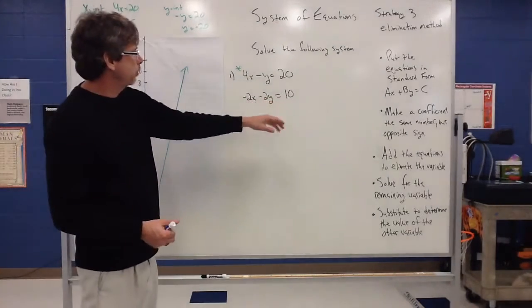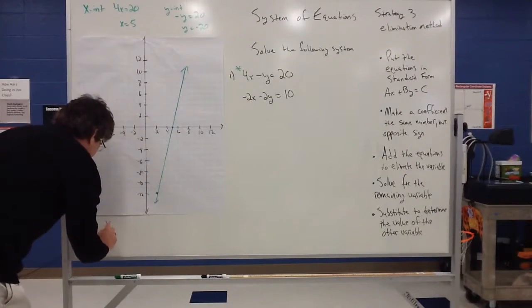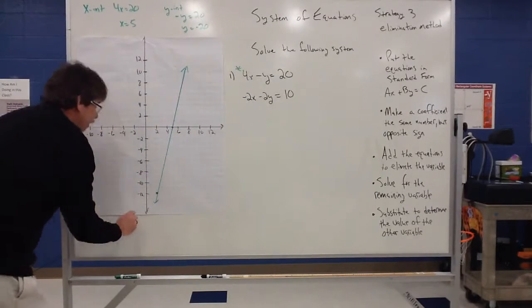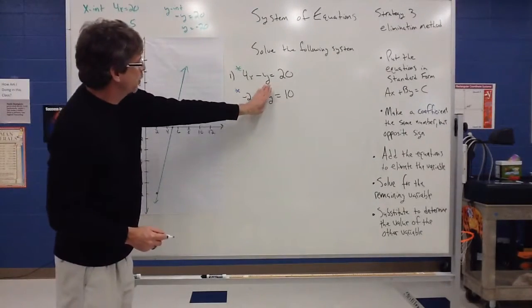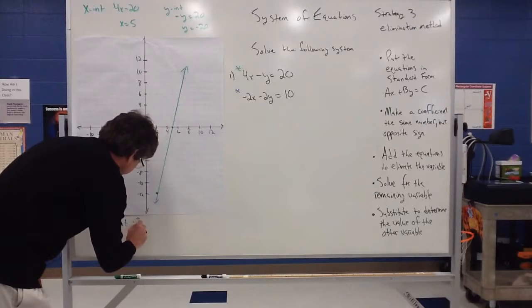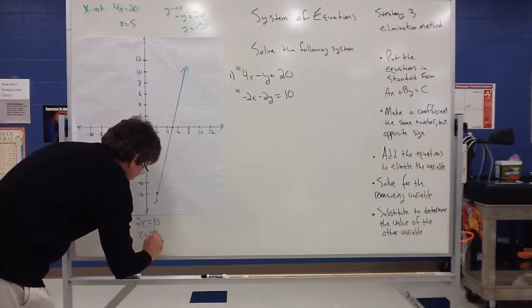Looks like here the intercepts aren't going to be so bad. So the x-intercept for the second one, I'm going to set y equals 0. I'm going to get negative 2x equals 10. So x should equal negative 5.